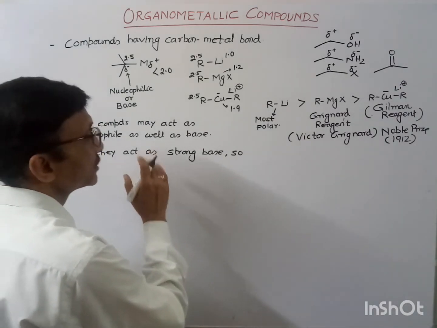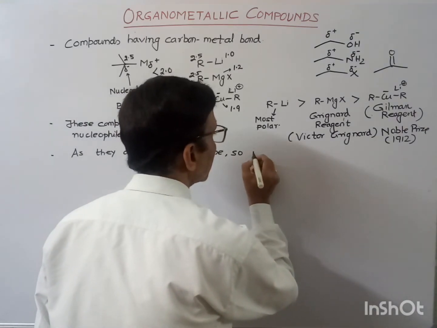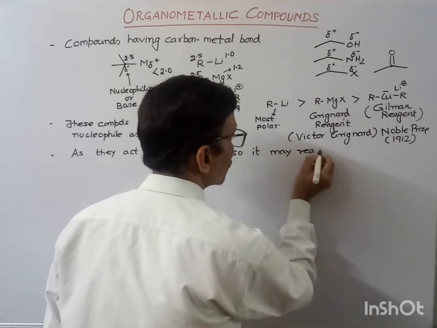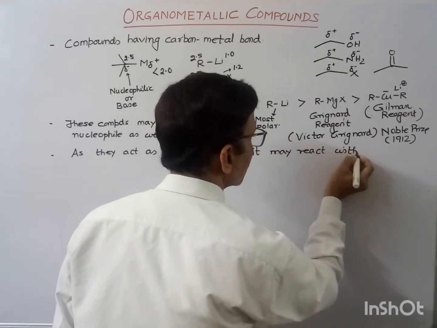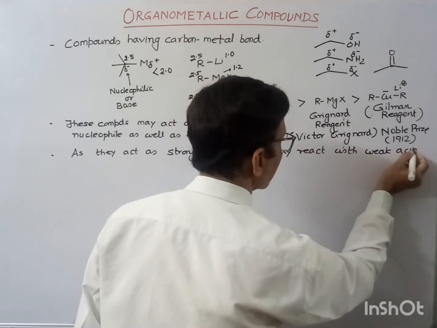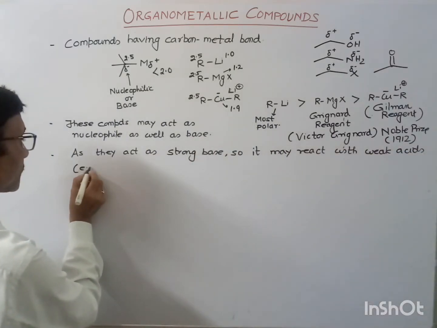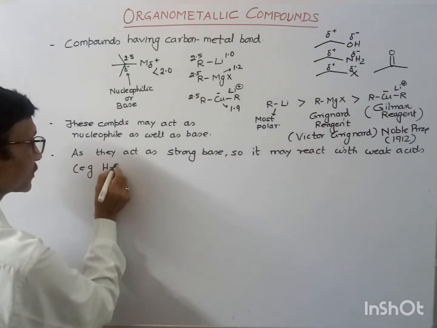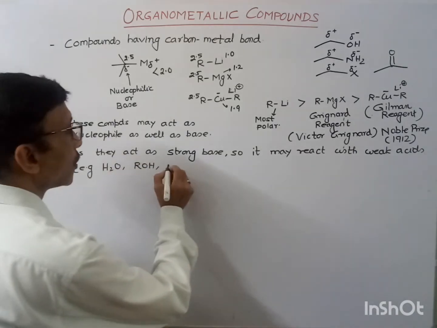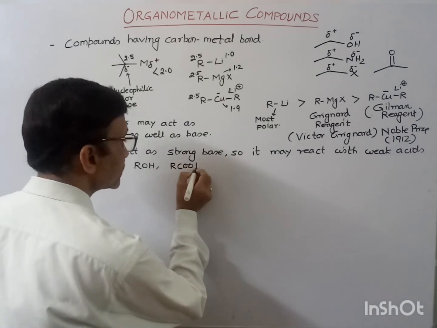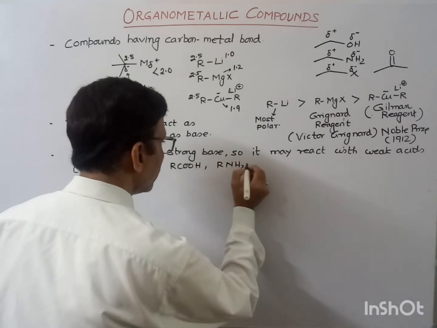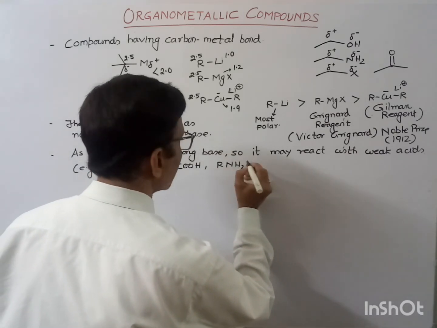So as they act as a strong base, they may react with weak acids, for example water here, or some alcohol, either ethanol, methanol, or acetic acid. It may react with acetic acid, it may also react with amines, which may act as a weak acid.